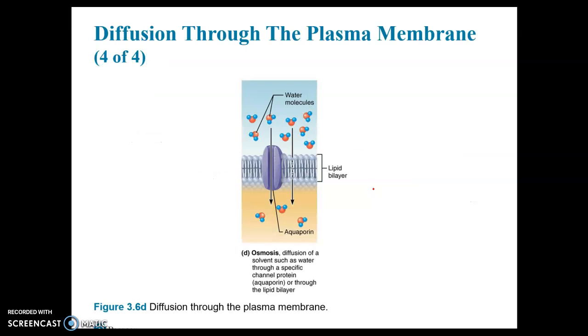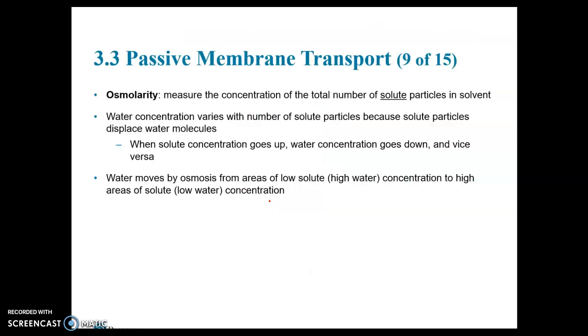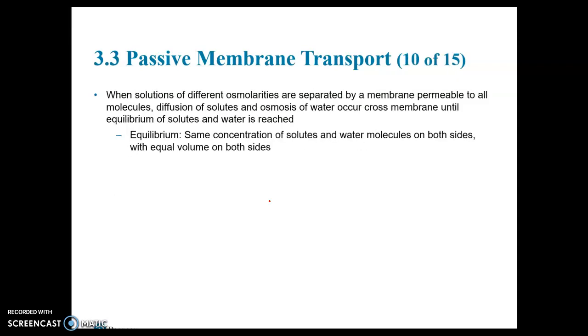So in osmosis, water is the molecule we're looking at. Water is moving from where the water concentration is higher to where the water levels are lower through this aquaporin channel protein that is specifically dealing with water. So we call it osmosis.